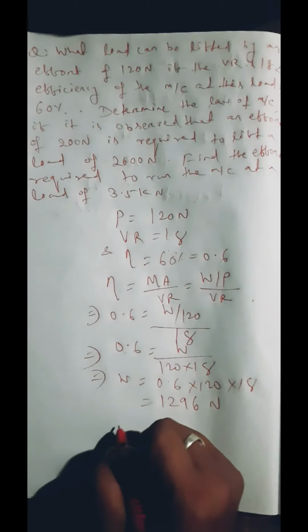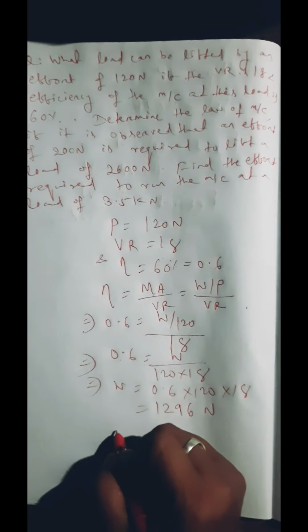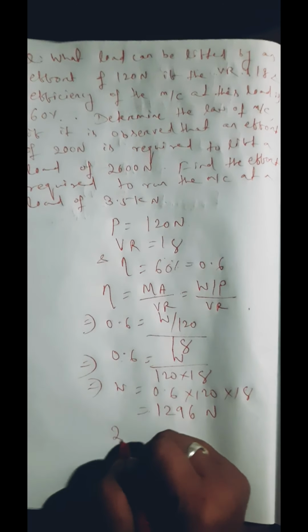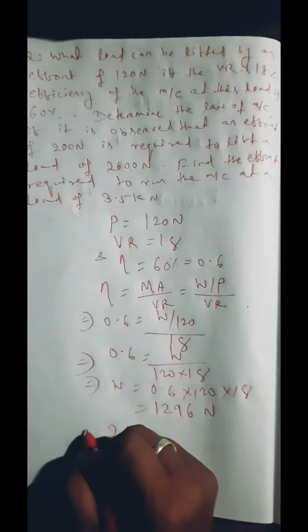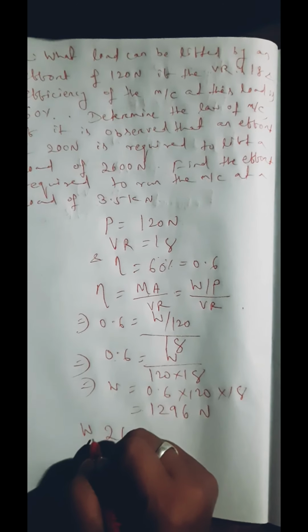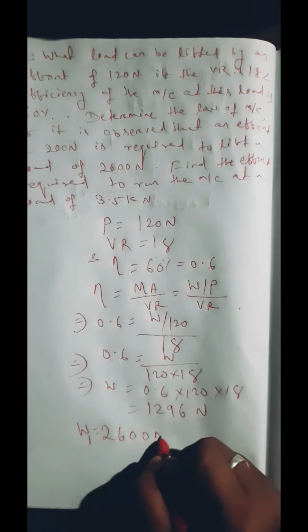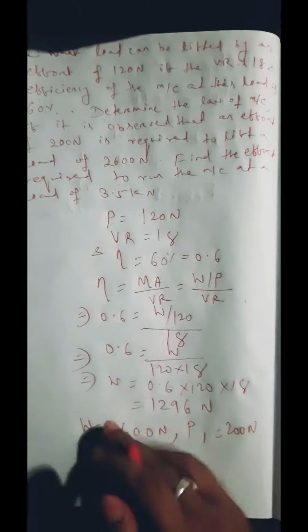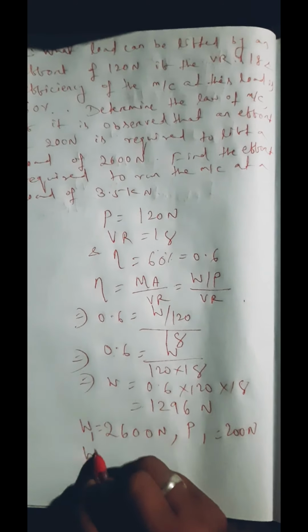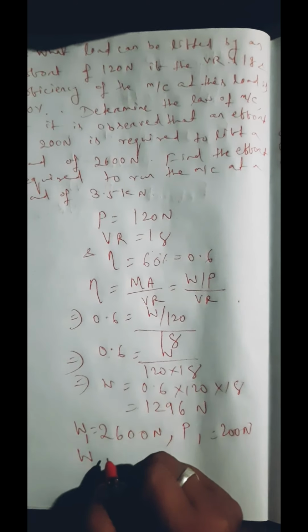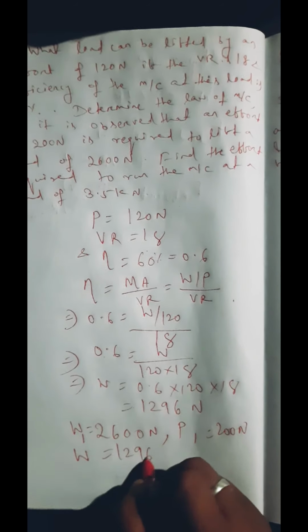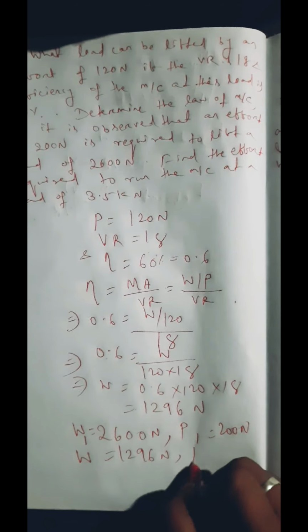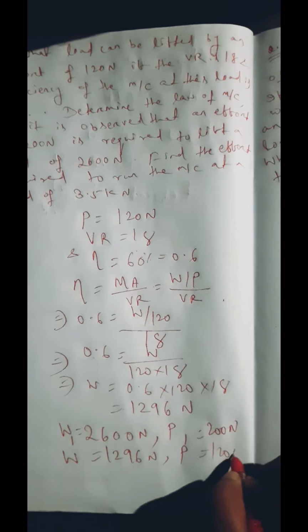So it is mentioned that when W1 equal to 2600 Newton, the effort required is P1 equal to 200 Newton. And for the same machine we have found that when W equal to 1296 Newton, the effort required is 120 Newton.